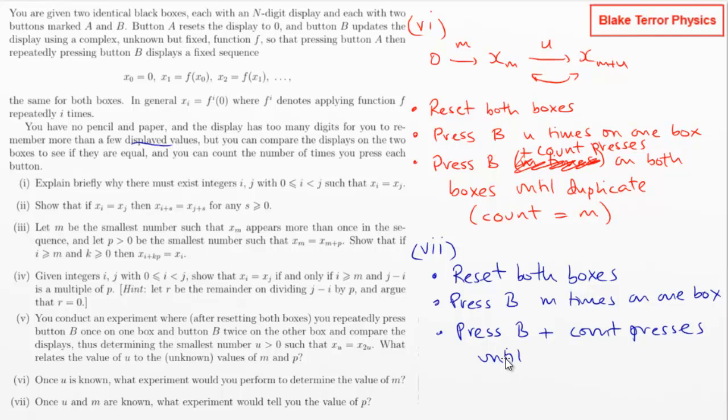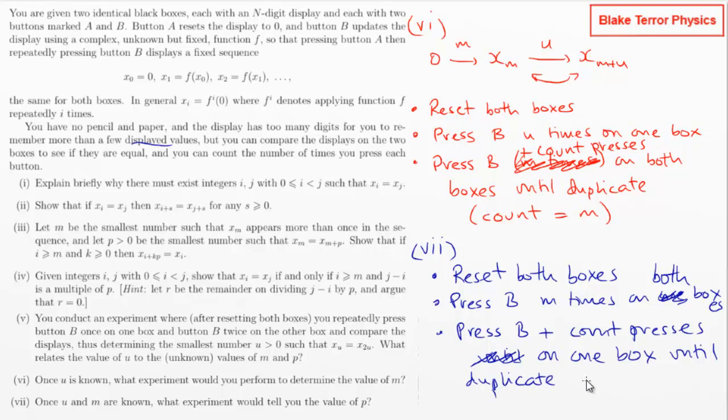Actually, no, I'm doing this the wrong way around, don't we? We're getting both to the same, we're getting both to m. So press B m times on both boxes. Press B and count presses on one box until duplicate.